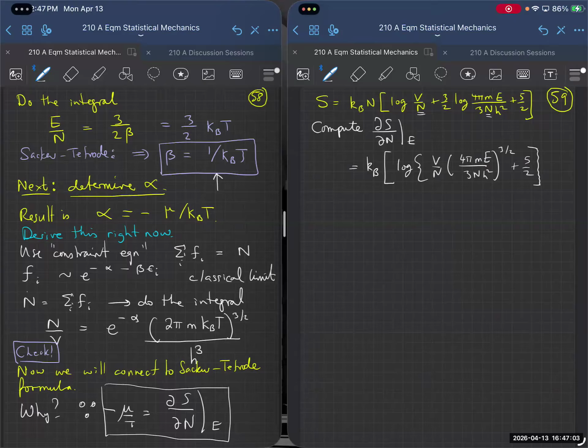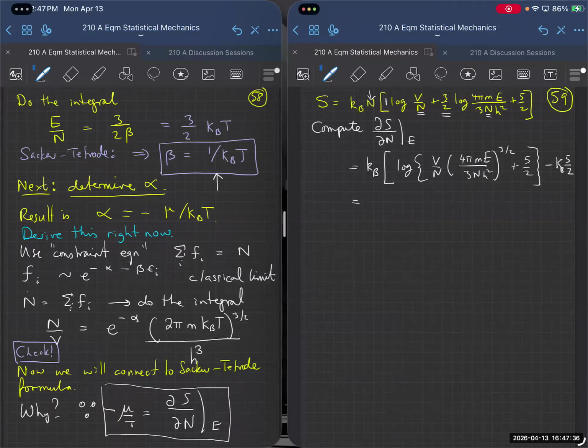That's differentiating with respect to this N, and then I have to differentiate the N's inside the logarithms, and if you do that, you get minus k_B times 5/2. Why do you get 5/2? Well, you get one factor of 1 from here, and you get one factor of 3/2 from here, and they add up to 5/2. So when you do the calculation, you can see that that 5/2 cancels.